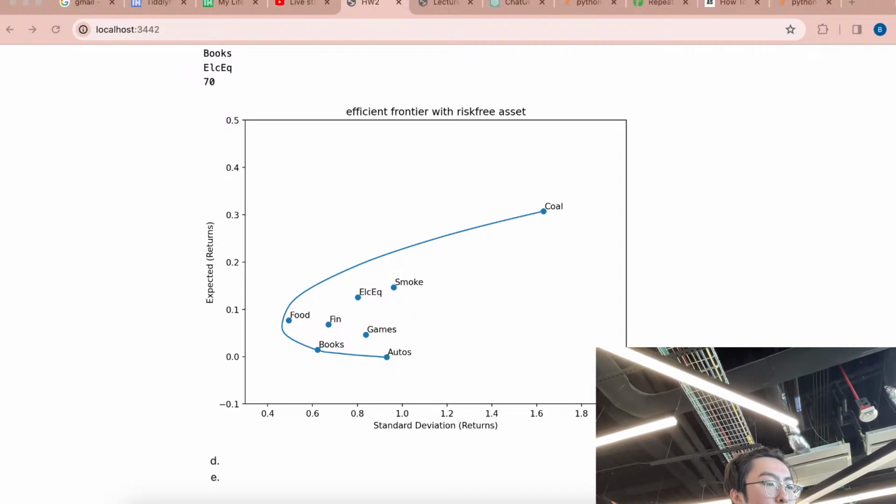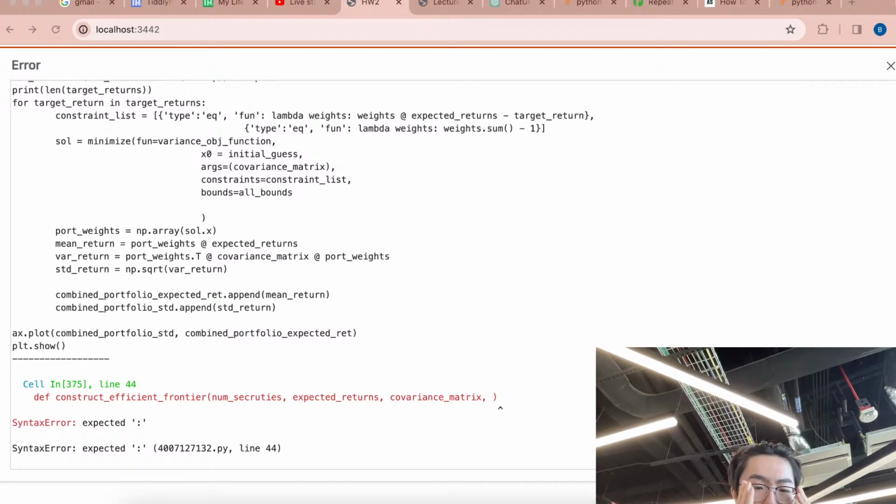So we need the number of securities, we need the expected returns, covariance matrix. Okay, and then I think that's good. And then also the constraint.